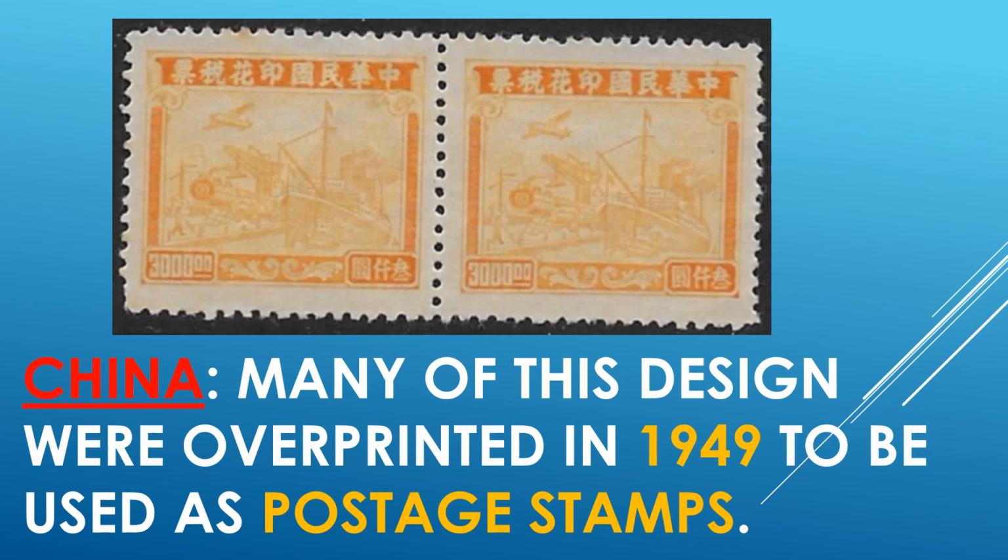This design probably is familiar to most of you collectors of Chinese stamps because these were overprinted in 1949 to then be used as postage stamps. This is just a pair of the unoverprinted version.